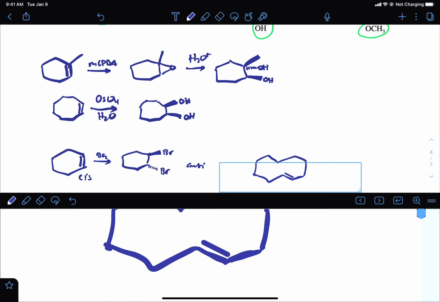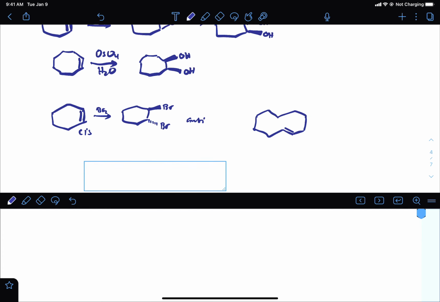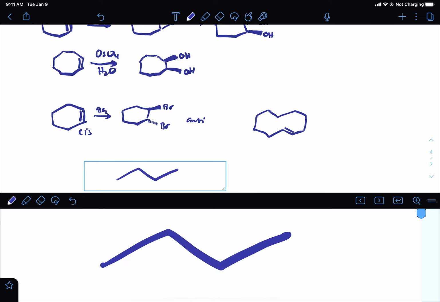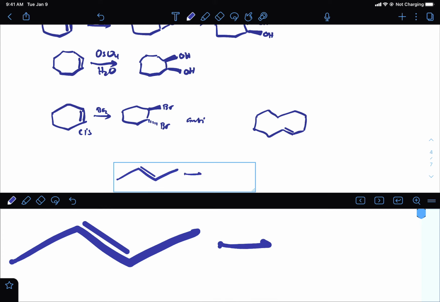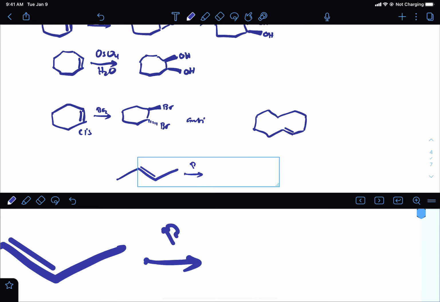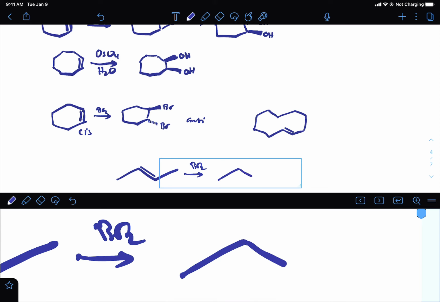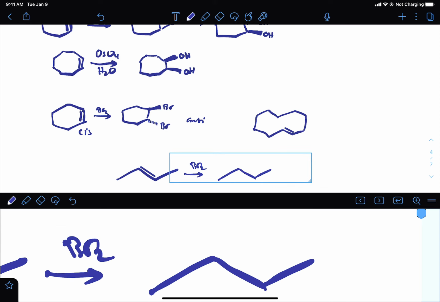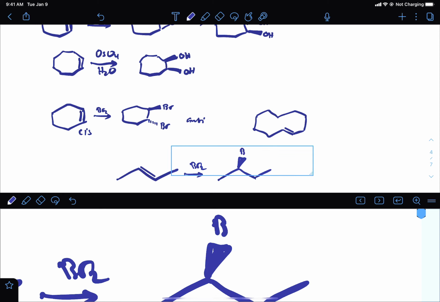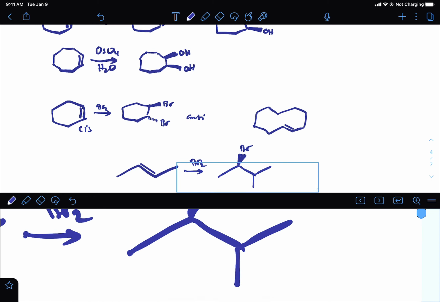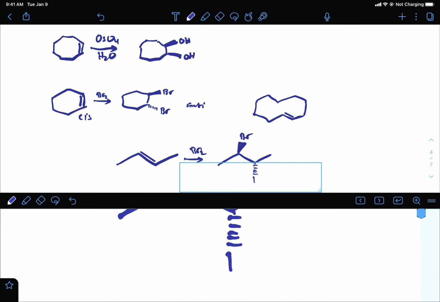Okay. The idea is this. Look, if I start with a trans double bond and I use Br2, those bromines can perfectly well add like this and opposite like this.